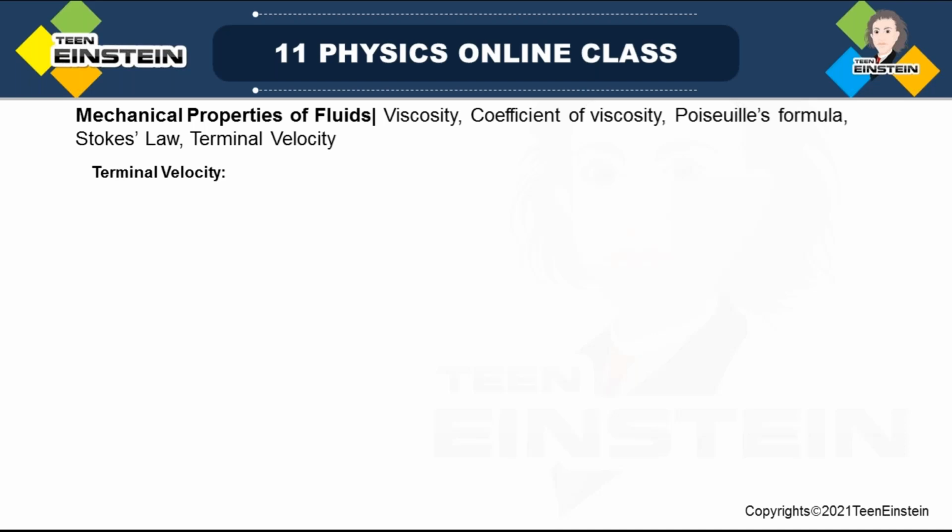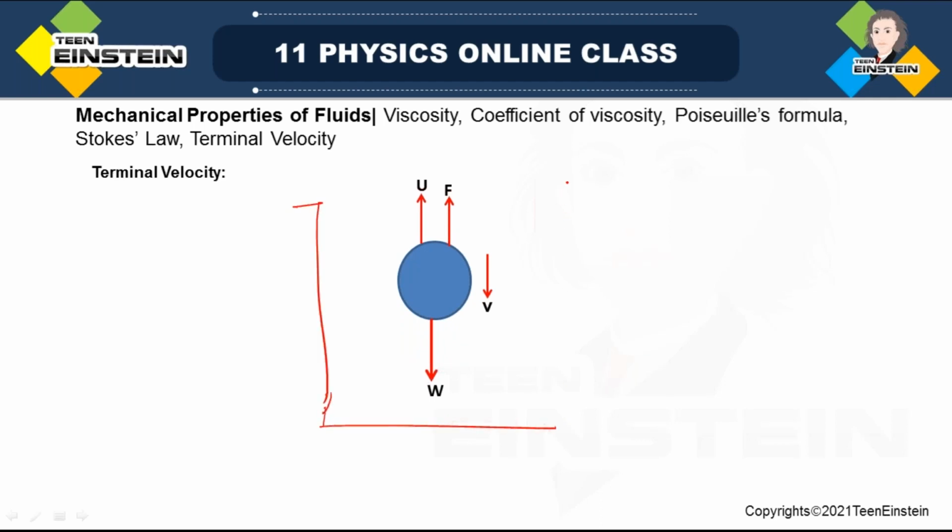Now we'll be learning the most important part, that is the terminal velocity. So what is terminal velocity? Suppose a ball has density rho and is falling down through a viscous liquid or fluid which has density sigma and coefficient of viscosity eta.